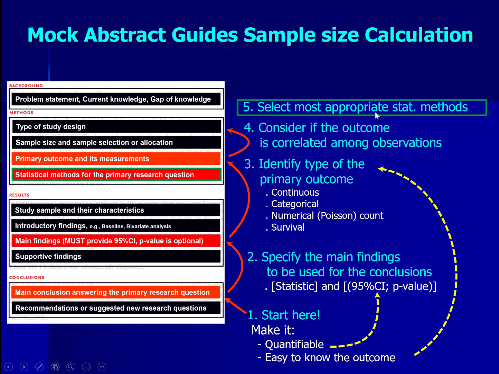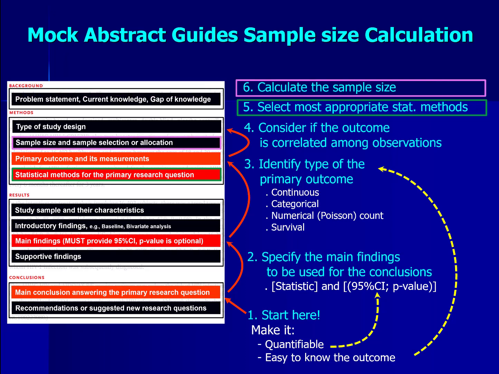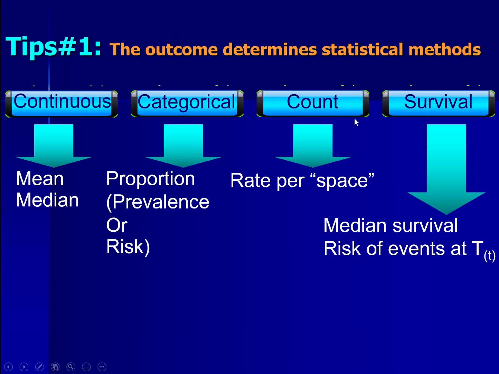And this one, number 5, determine the way to calculate the sample size. I have guided you that the outcome determines statistical methods, that there are 4 common types of the outcome. For continuous outcome, green tea on weight, we're playing with the mean.